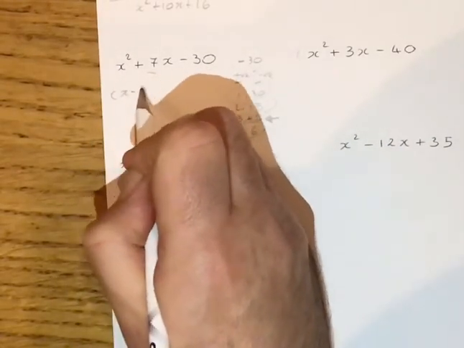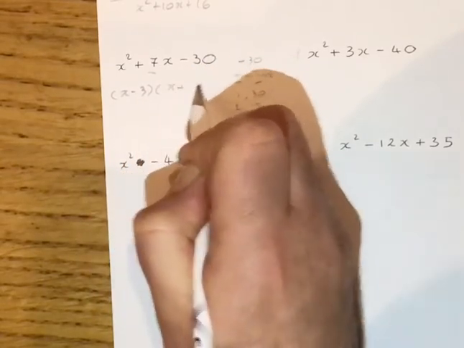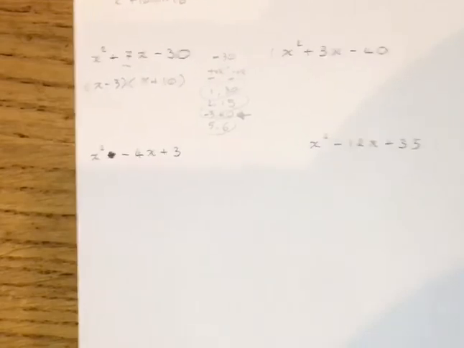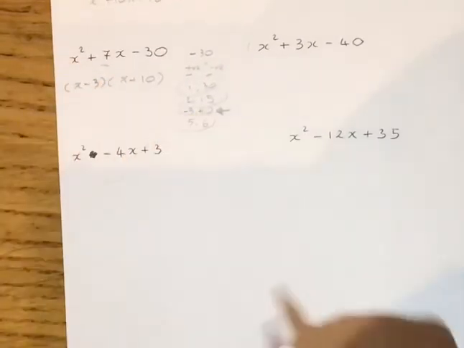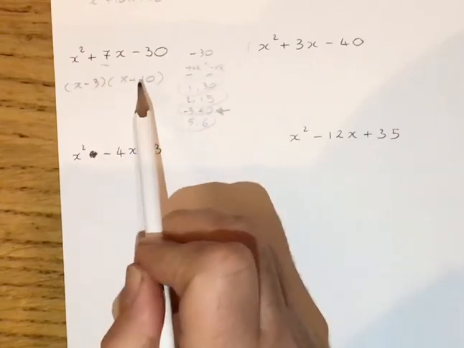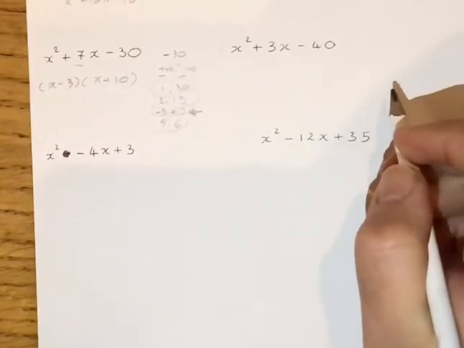So that's going to be x minus 3, x plus 10. It doesn't really matter which order you use. You can have a plus 10 there and a minus 3 there, and it is perfectly fine.